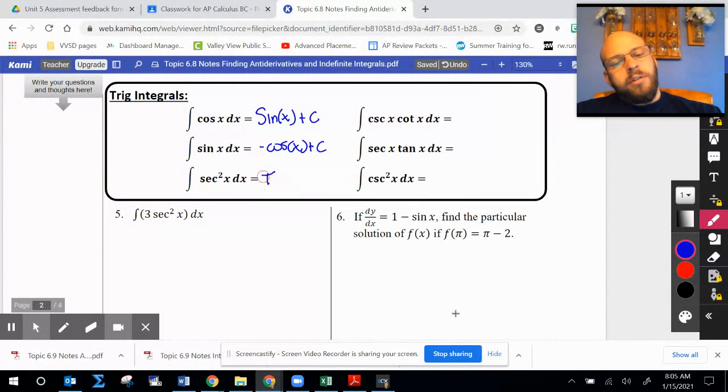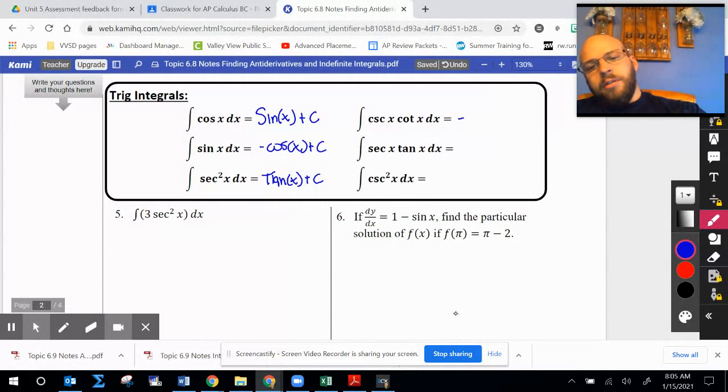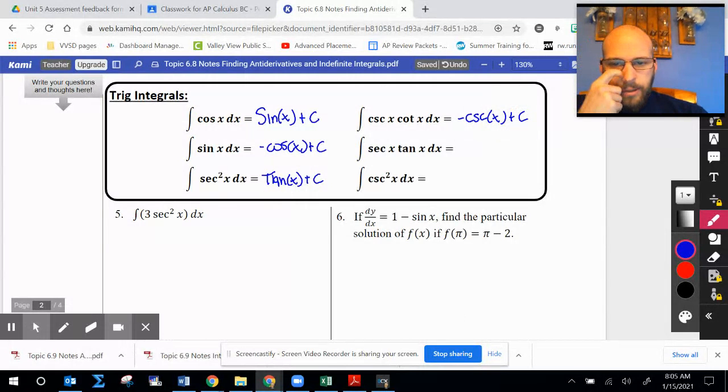Secant squared is tangent. Cosecant cotangent would be a negative cosecant.